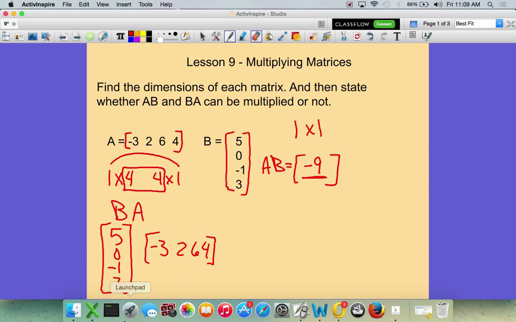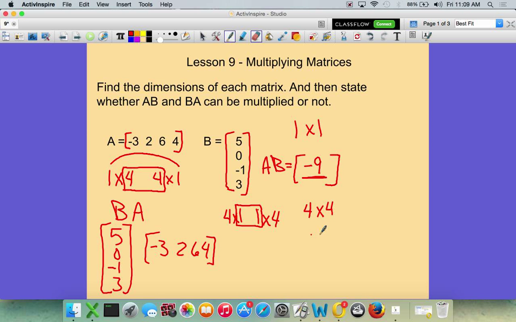Our B, as we said earlier, is a 4 by 1. Our A is a 1 by 4. Once again, look at the middle numbers. They're the same, so we can multiply these, and our answer is going to be a 4 by 4 matrix.